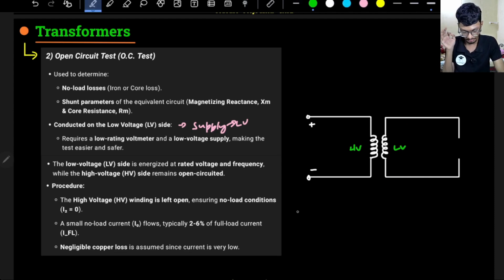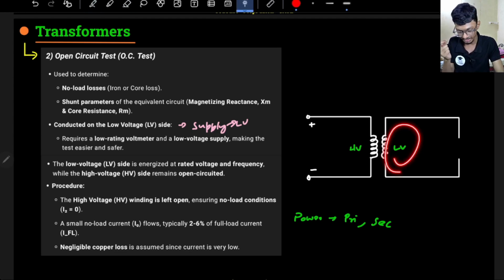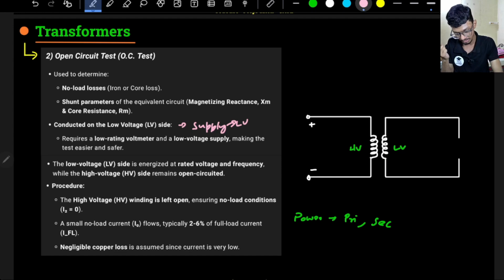Whether it is in the primary or in the secondary, the power loss will be the same. We have already discussed this. So power does not change, and whatever P core I calculate in the low voltage winding will be the same as in the high voltage winding.